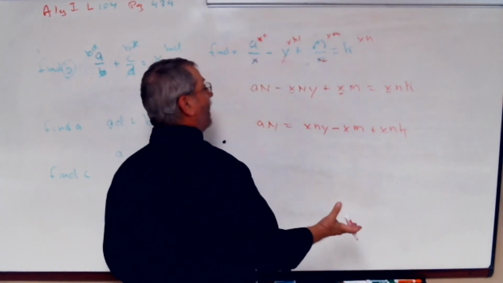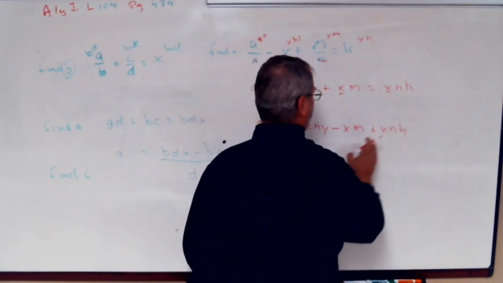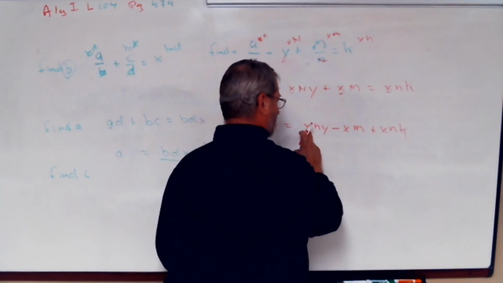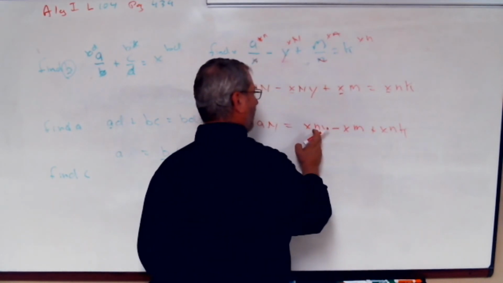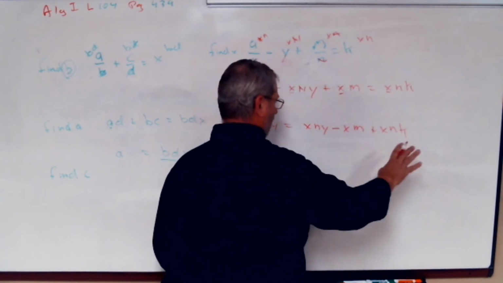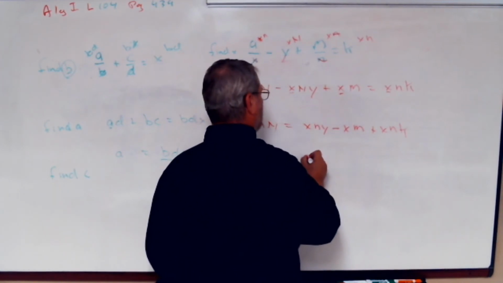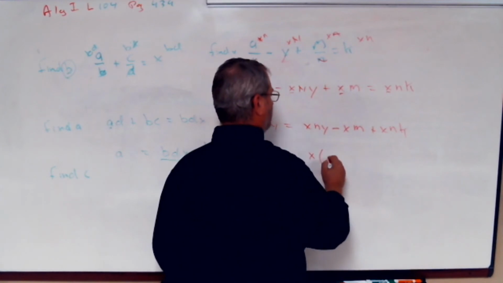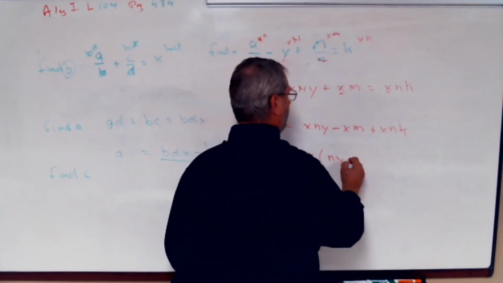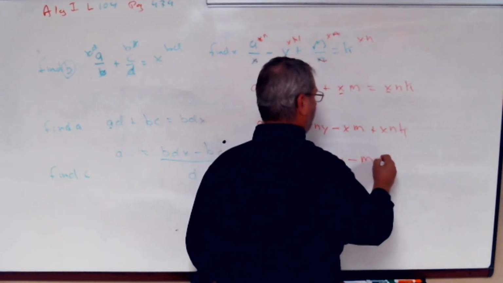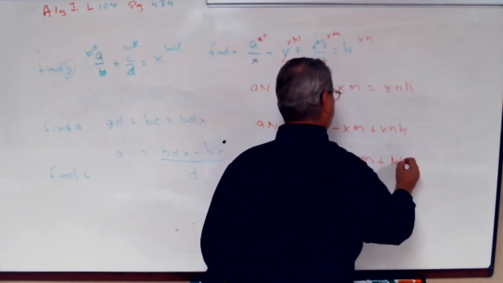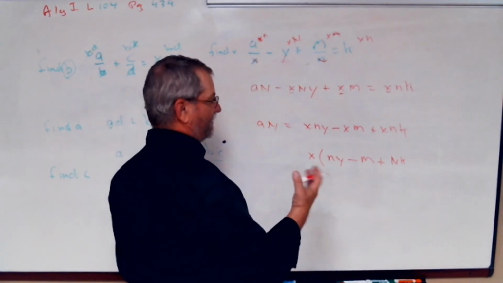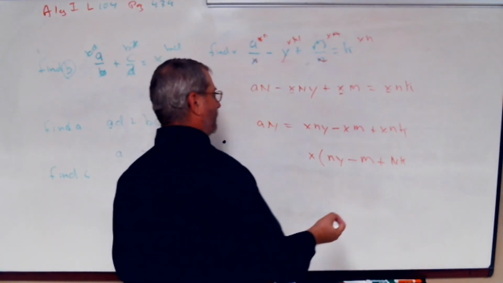Is that good? What's the common factor? Okay, there's an x there, there's an x there, there's an x there. Now there's n's there and there, but that's not common. I want all the way across. So I'm going to take the x's out. When I do that, what's left is ny, minus m, and plus nk.